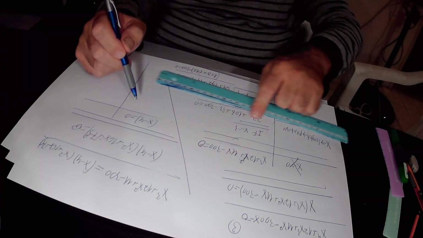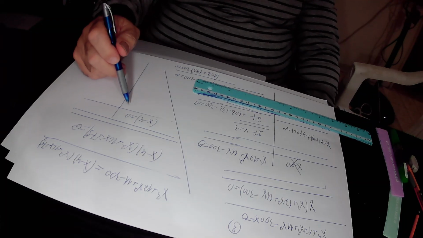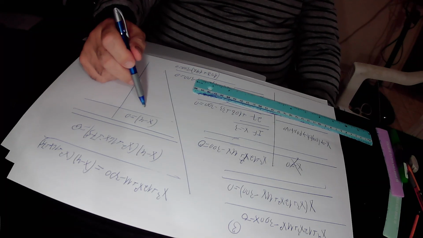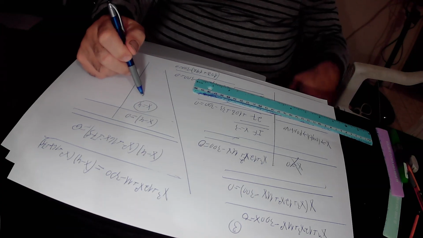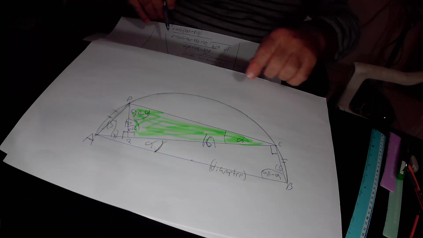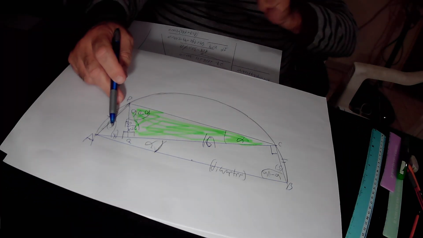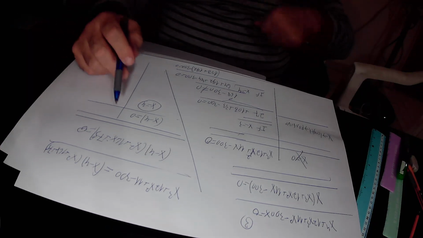If we add 4 to both sides, we get that x equals 4. So the first solution to the question is x equals 4 units in length. But we have another solution to this equation.